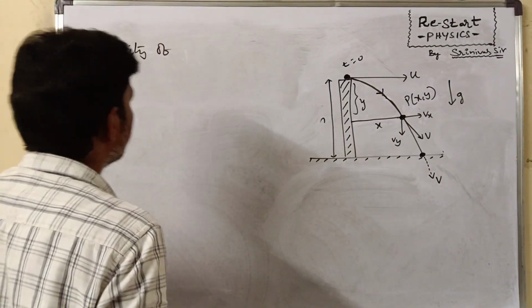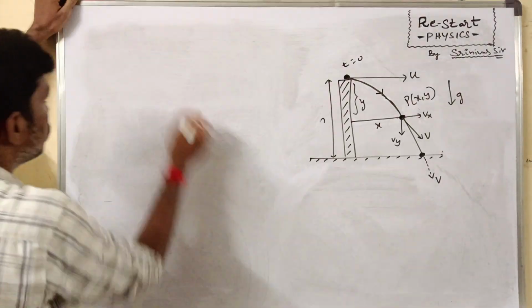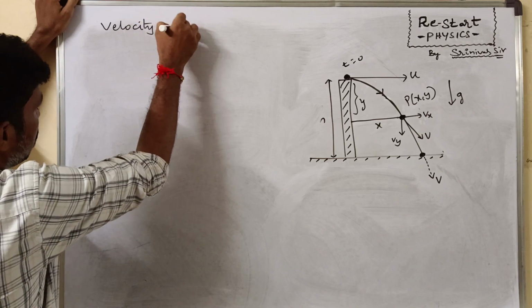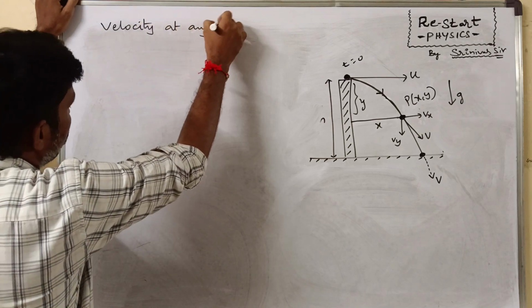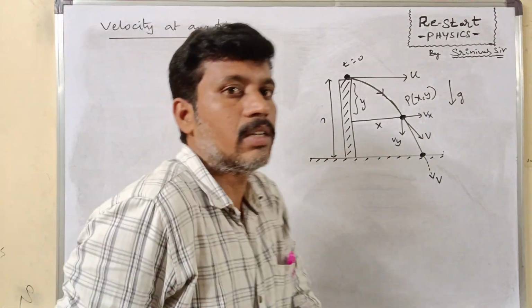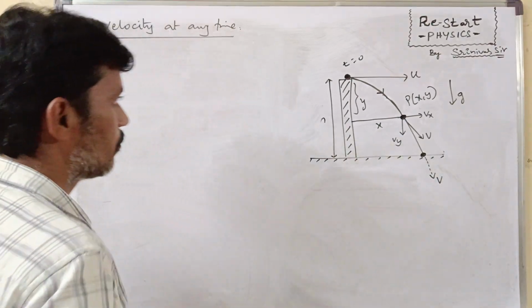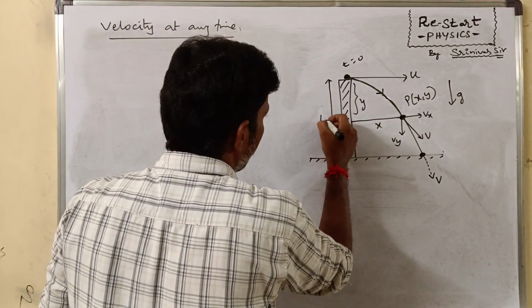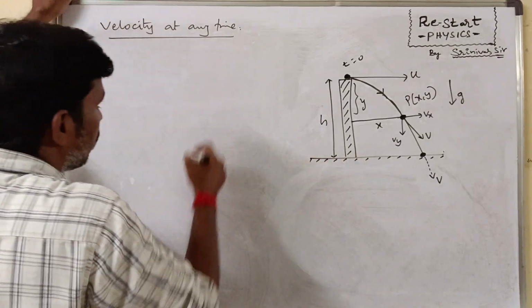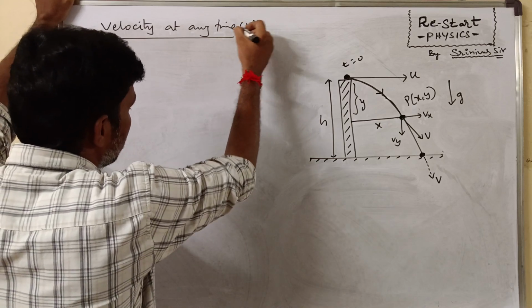Let us take this diagram. Velocity at any time, that means simply velocity after time t.